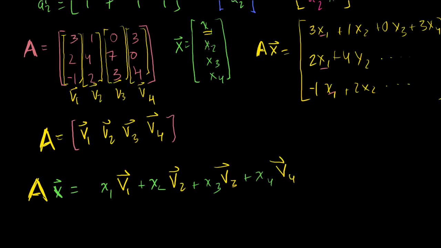And obviously, if we had n terms here, we'd have n vectors here, and we could make this more general to n. But what's interesting here is that the product Ax can be interpreted as a linear combination, right?